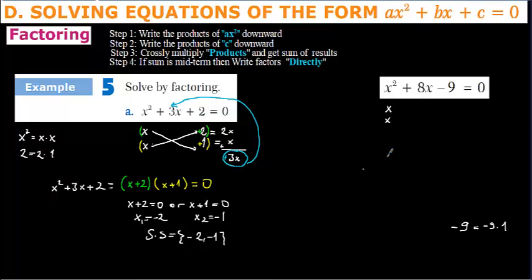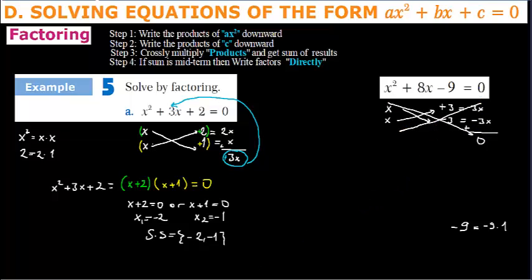Let me try another number to show that that's not true. Let's say plus 3 and minus 3. When you crossly multiply, this is going to be 3x, and this is going to be minus 3x. As you see, the sum is equal to 0, which is not the midterm. So this factorization is completely wrong.